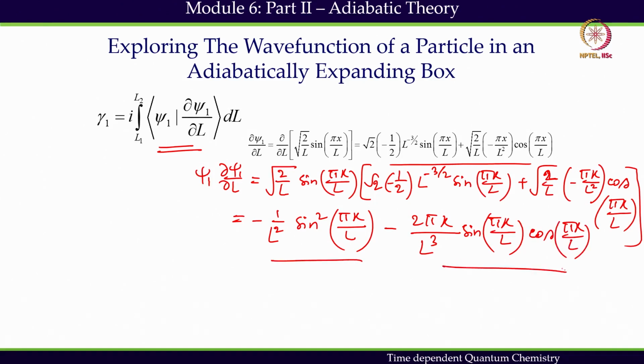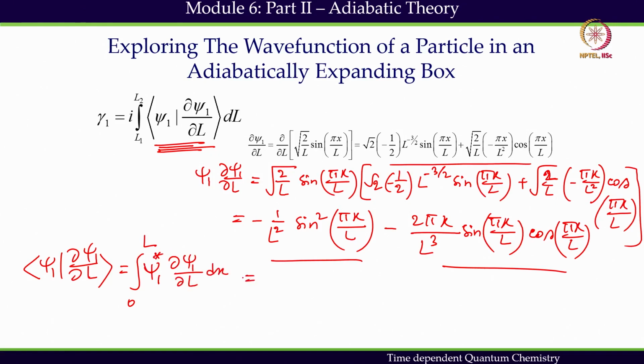These two terms we get, and in the end we have to get the integration. So this integration is nothing but 0 to L of psi 1 star psi 1 dL dx. Because this ground state wave function is a real function, psi 1 star and psi 1 are equivalent.